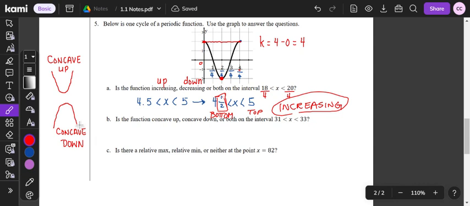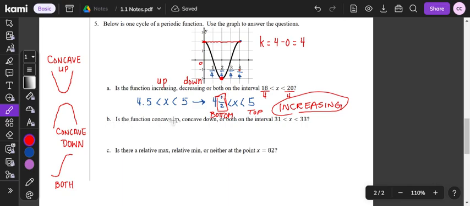The wave is opening downwards. Both would be something that looks like this. This is both. There's a part of it over here that's opening up, and there's a part of it over here that's opening down. Okay? All right, so same deal.